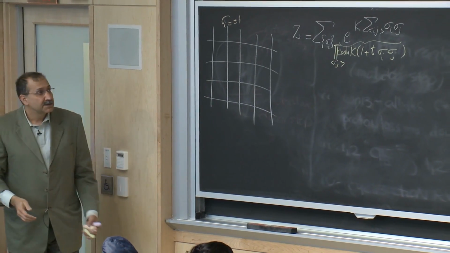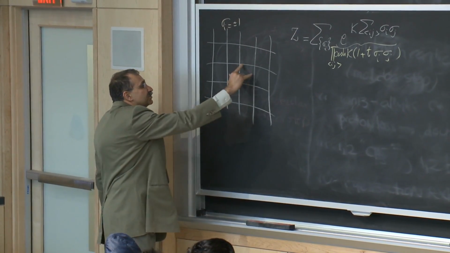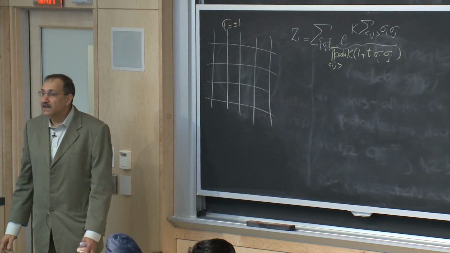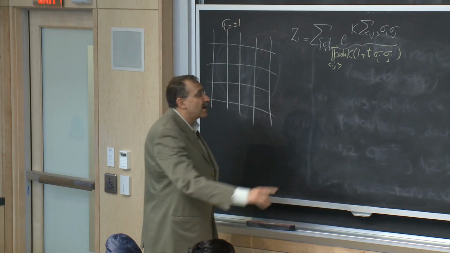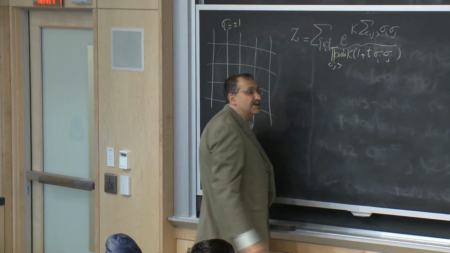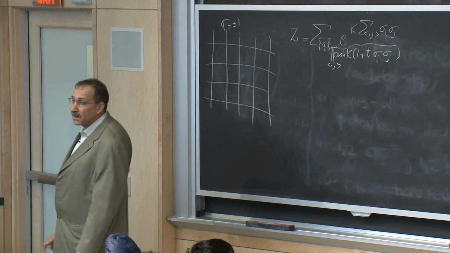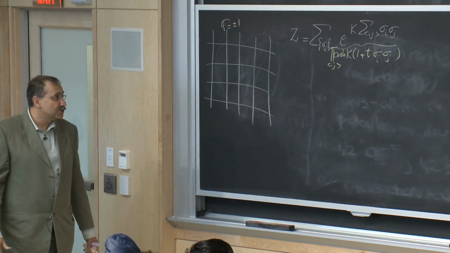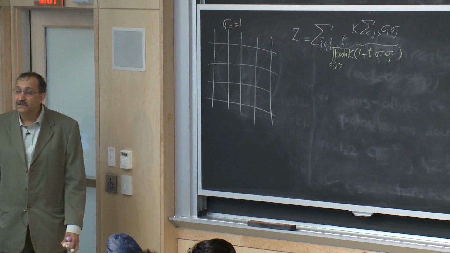And then essentially to each bond on this lattice, I would have to assign either 1 or t sigma_i sigma_j. A binary choice, now moved to bonds.